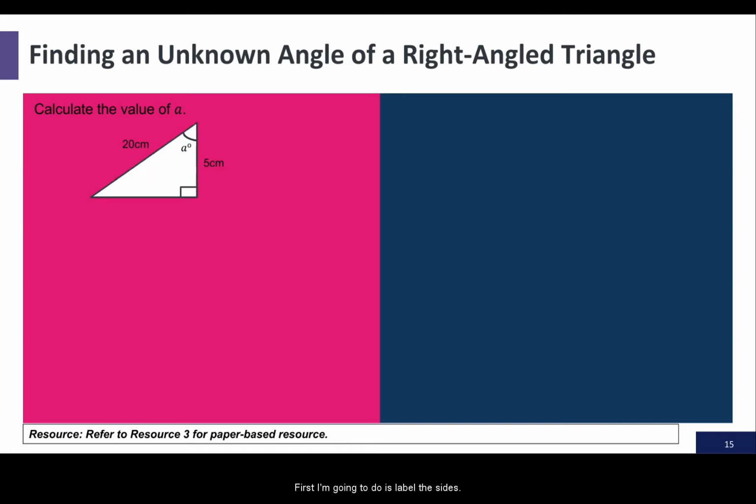First thing I'm going to do is label the sides. And there we go. And we need to find the value of A. We know H. We know A. And we'd like to find this missing angle here.